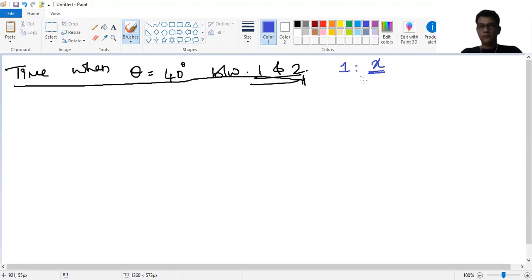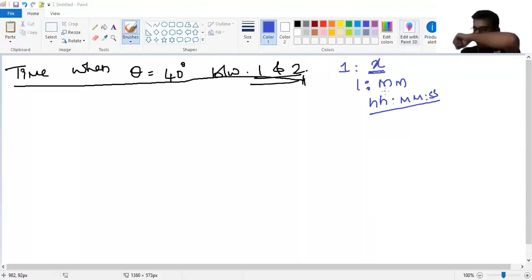Or if people are confused with X, let's say it is M. We know that HH:MM:SS is the format, so I'll take MM as the time. Now it means that I have passed MM minutes, or X minutes.